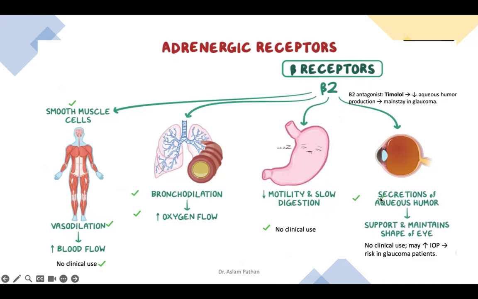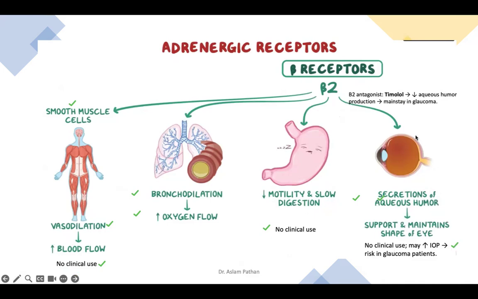Increase in aqueous humor secretion may lead to increase in intraocular pressure. An increase in intraocular pressure is a risk factor for the patient with glaucoma. So beta 2 receptor activation may risk the glaucoma patient because it increases the intraocular pressure.